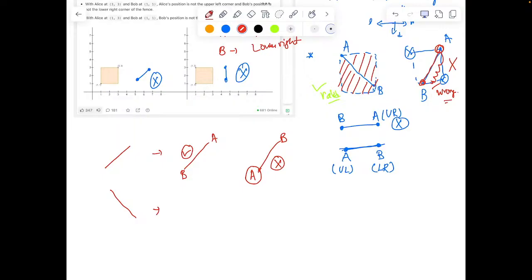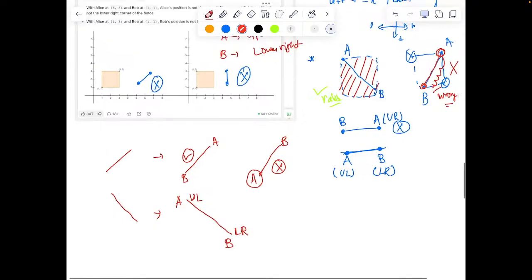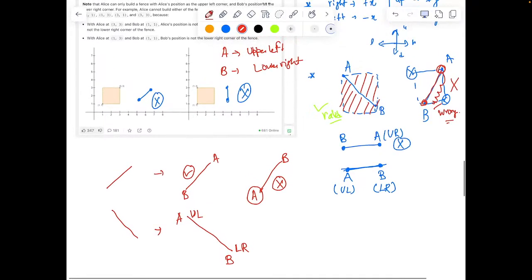For this case, now let's think about it. If it is A, B, so A is upper left, right? B is lower right. So, okay, this is an invalid case, my bad. Because this is lower left, this is upper right.